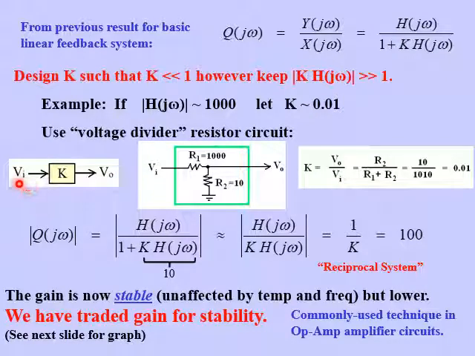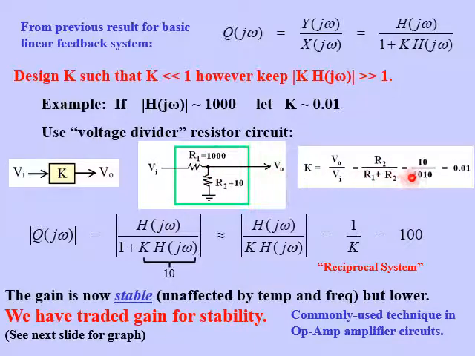So we have an input voltage going in. We want the output just to be multiplied by K. So if we take these two resistors to make a voltage divider, and we have 1,000 ohms up here and 10 ohms here, well, the output is going to be this resistance, R2, which is 10, divided by R1 plus R2.